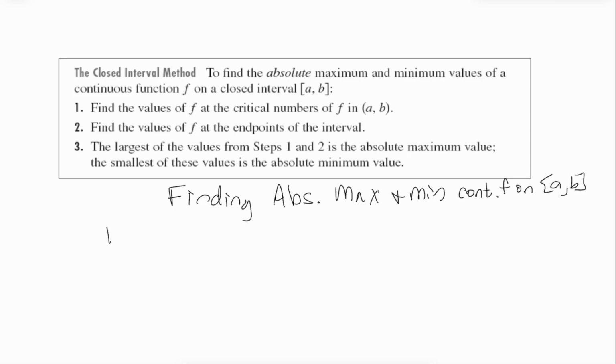Okay. First thing you do is you find the critical numbers. I'm going to call those CNs from A to B. Okay.